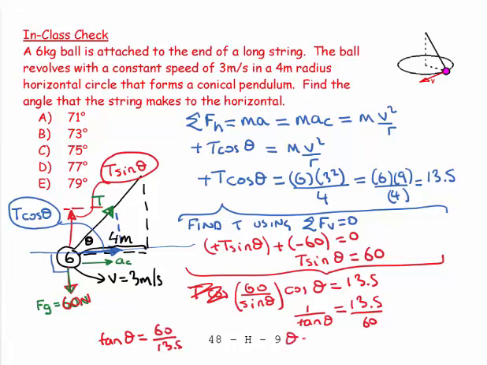So theta is equal to tan to the minus 1 of 60 over 13.5, which equals, get my calculator.